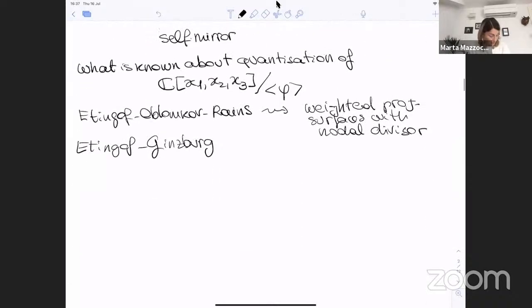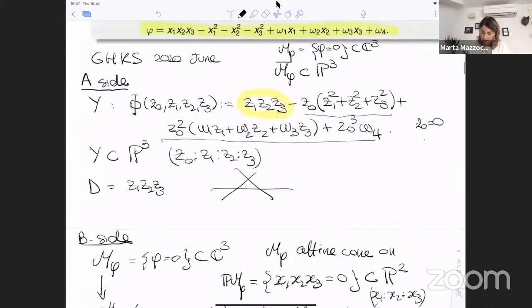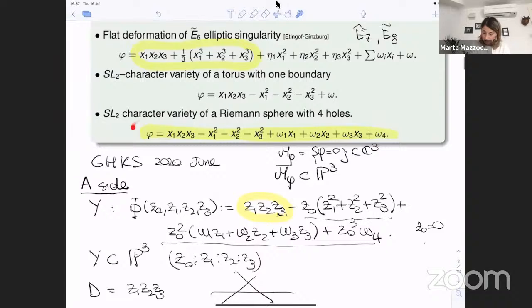Then there is a work by Oblomkov in which he shows that the quantization of this is in fact the spherical subalgebra of the double affine Hecke algebra of rank 1.